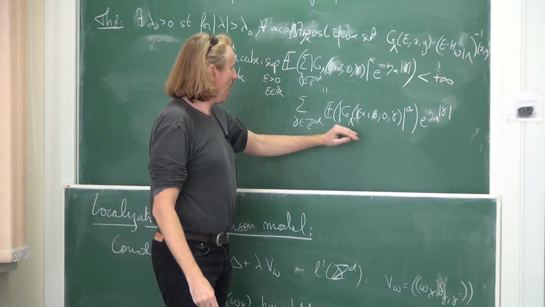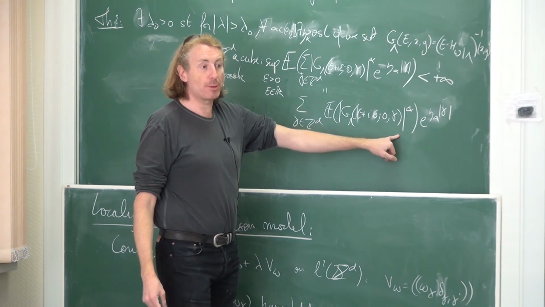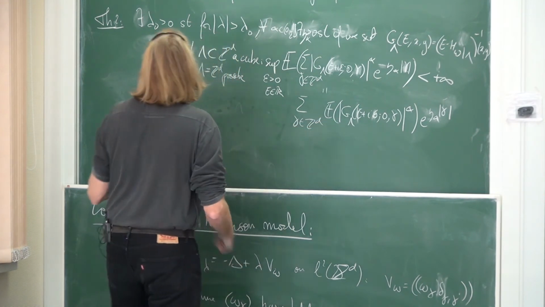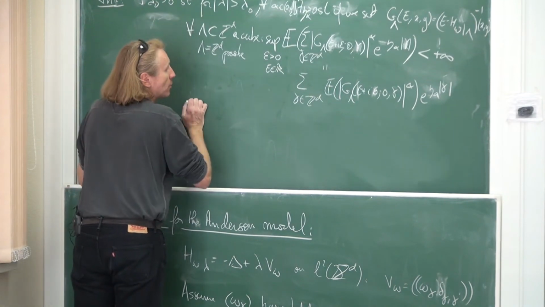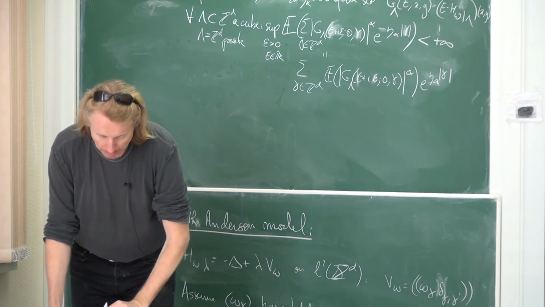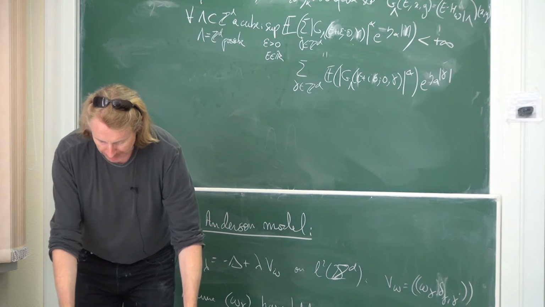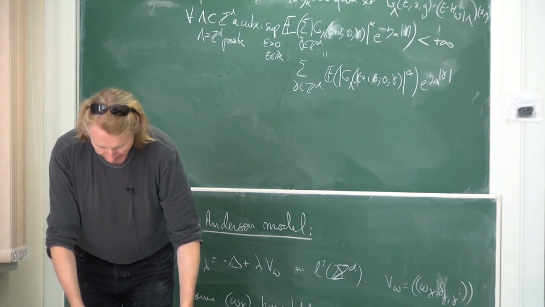So what I see is that these averages decay exponentially. That's the second thing we're going to prove, and that's one of the parts of localization. Roughly from this, we will deduce pure point spectrum.